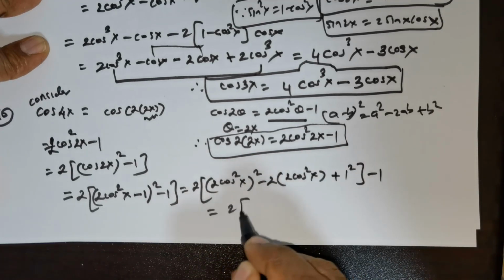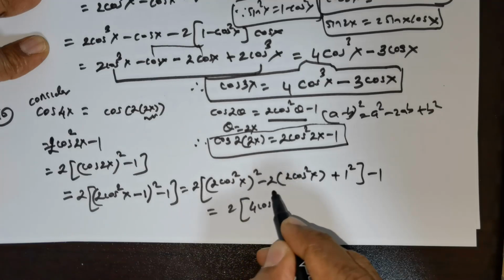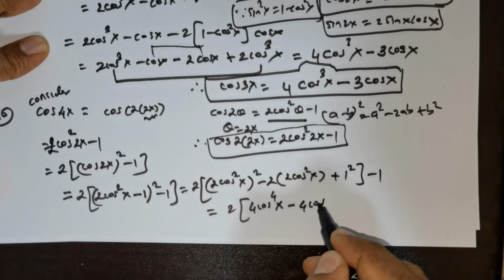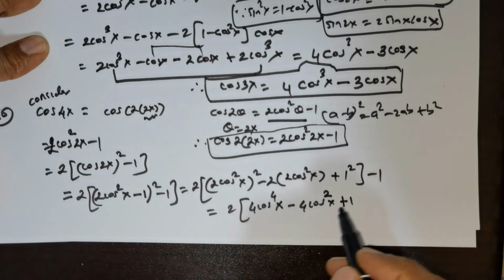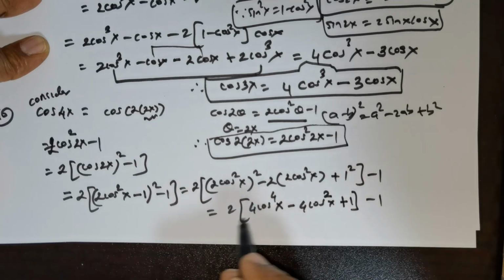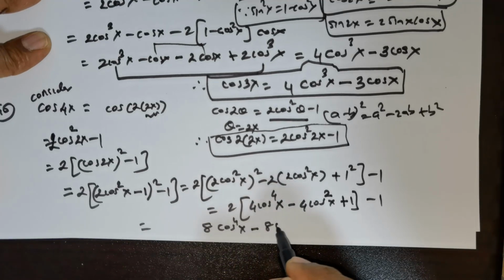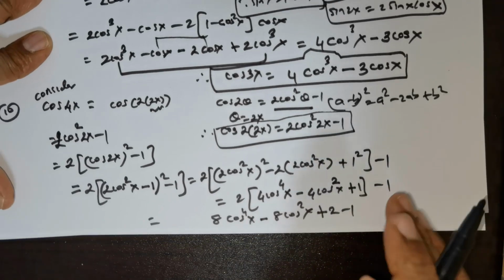So this is going to be 2 times 4 cos raised to the power of 4 x negative 4 times cos squared x positive 1, negative 1. So distribute 2, so that's going to be 8 times cos raised to the power of 4x negative 8 times cos squared x positive 2 negative 1.